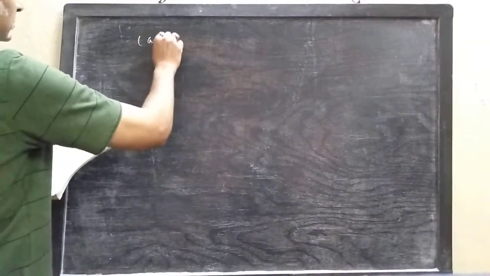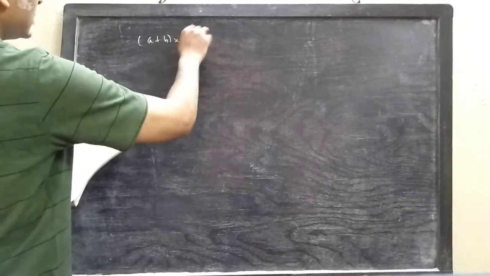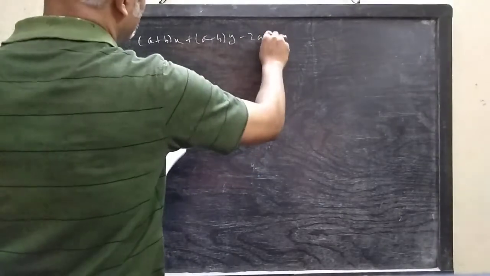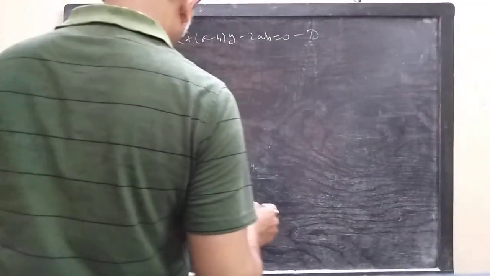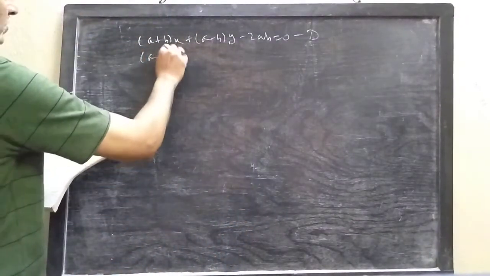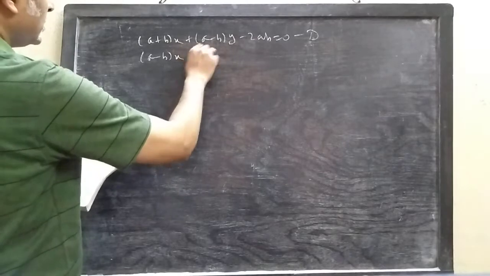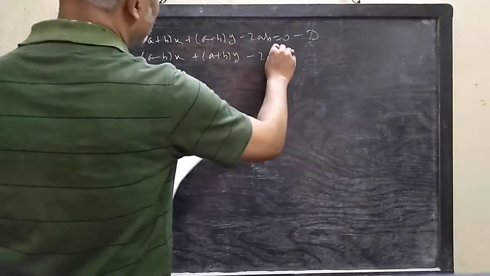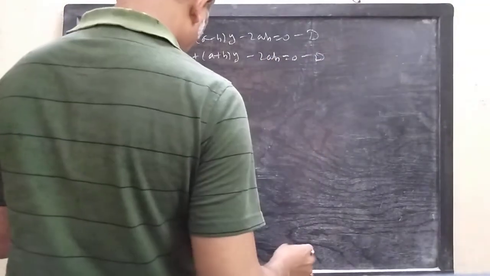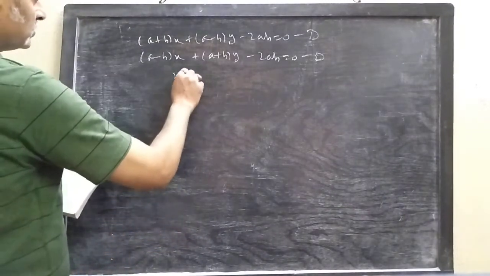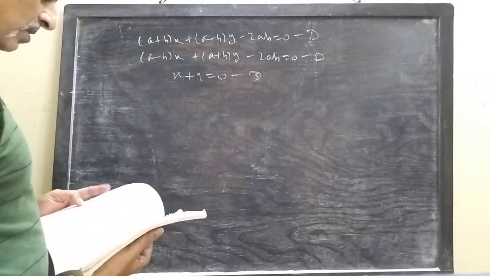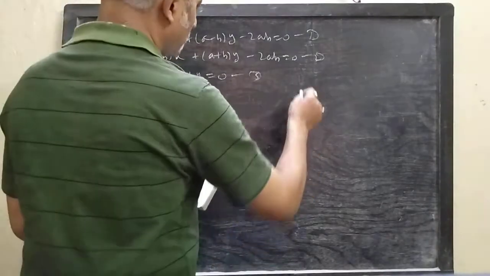Show that the lines (a plus b)x plus (a minus b)y minus 2ab equals 0 is number 1, (a minus b)x plus (a plus b)y minus 2ab equals 0 is number 2, and the third one is x plus y equals 0, form an isosceles triangle whose vertical angle is 2 tan inverse of a/b.